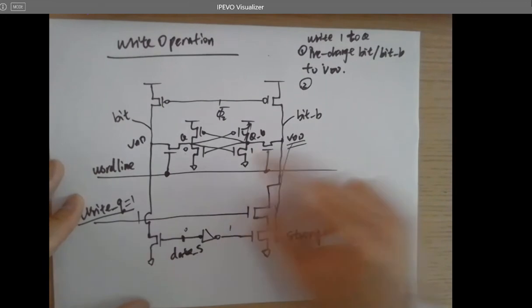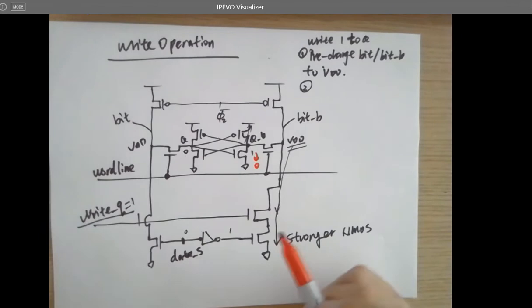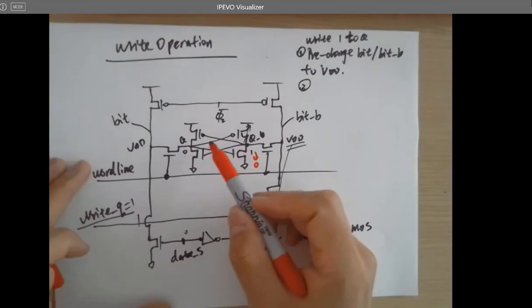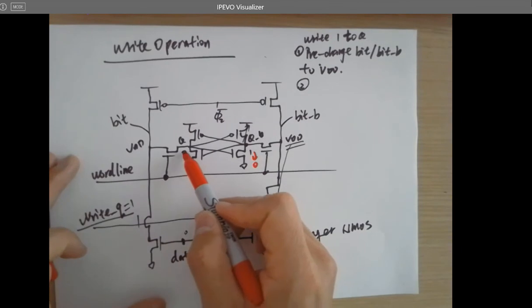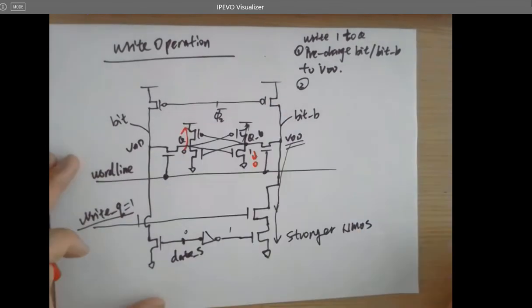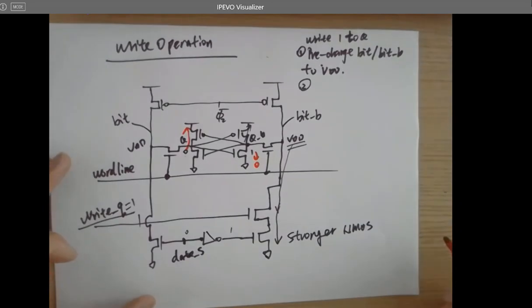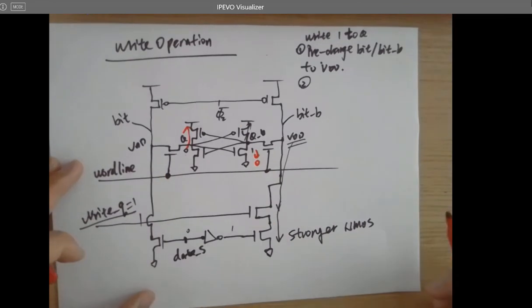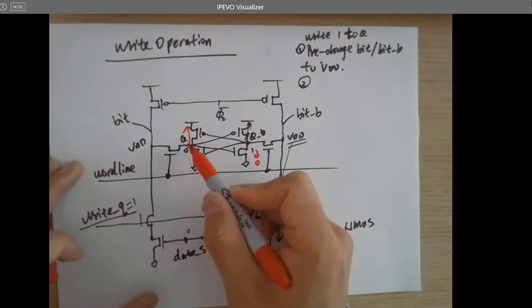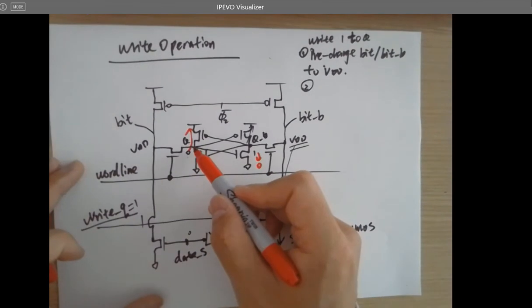So if this is being pulled down to the ground, then the latch will pull this up to 1, because of positive feedback. And then done. I just want to write a 1 to here, right? And now it's ready. Have this one written into this Q line.